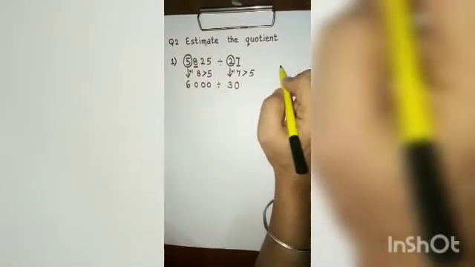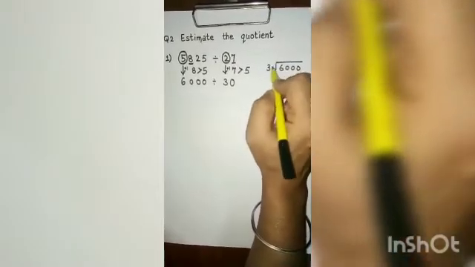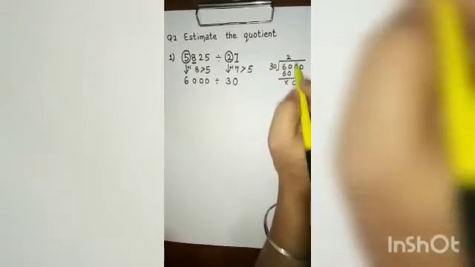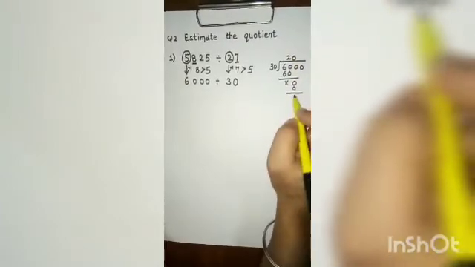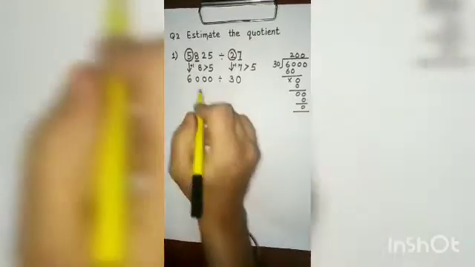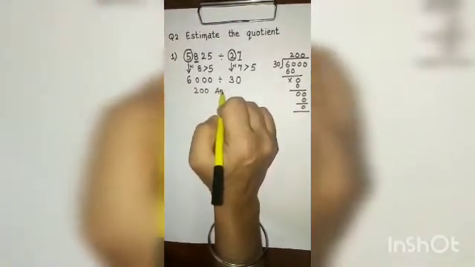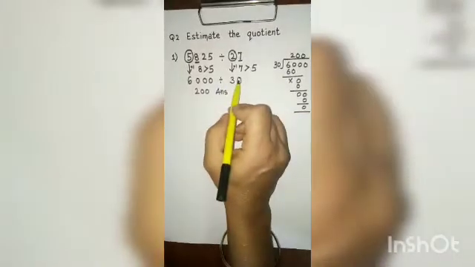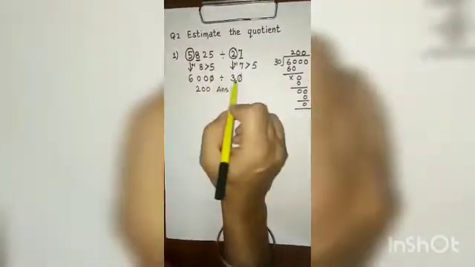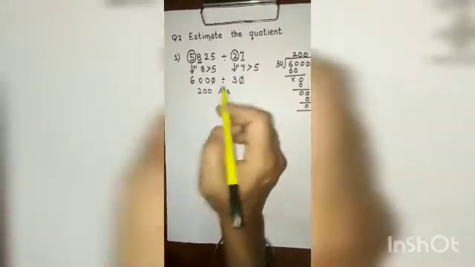Everybody must be knowing how we divide it, and the answer that we get is 200. There is another method of solving it, that is by cutting zeros. You can just cut 1 zero from here and 1 zero from here, and simply divide 600 by 3 and you will get the same answer.